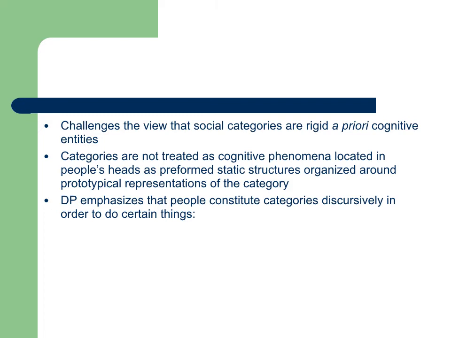Rather, discursive psychology emphasises that people actually construct categories discursively in order to do certain things. People are actively constructing the boundaries of the category in their talk. They don't necessarily pre-exist in a static format cognitively as mental structures in the head.